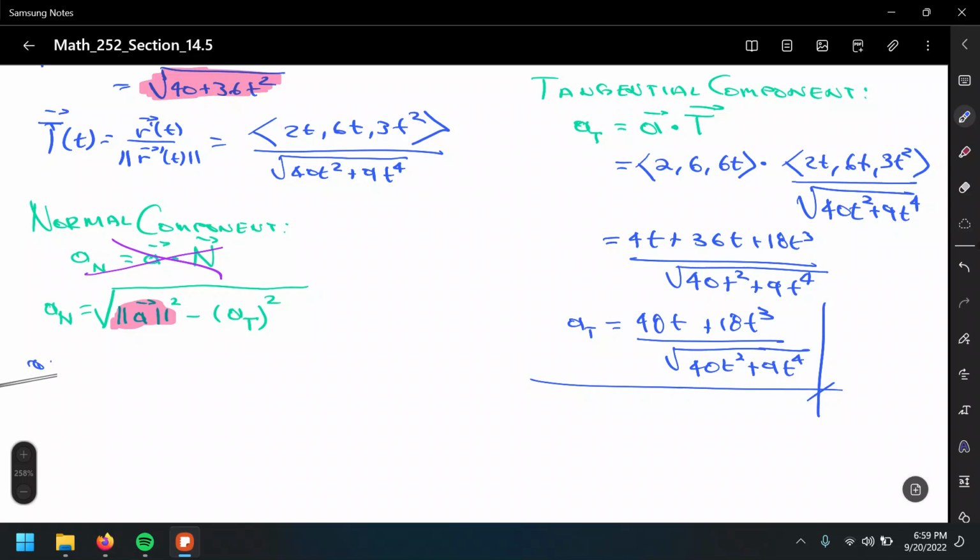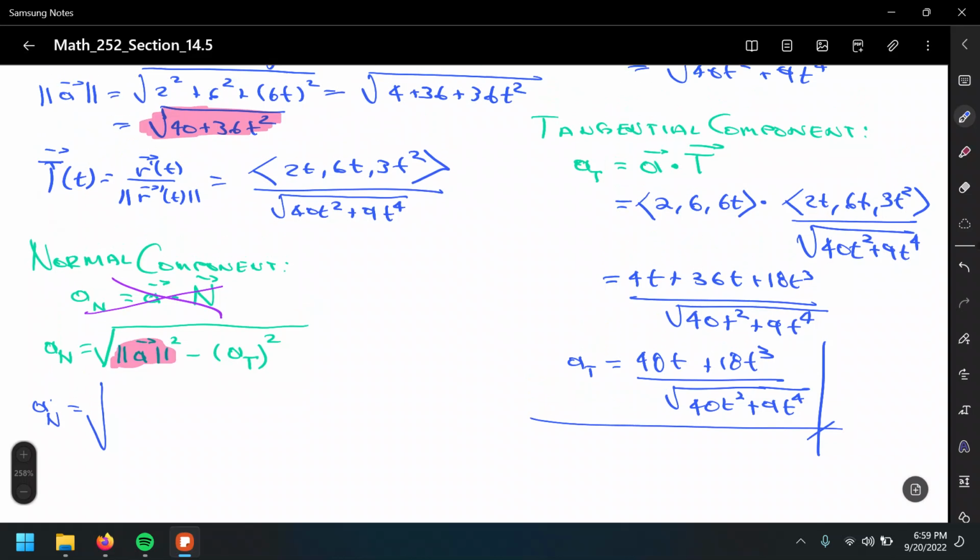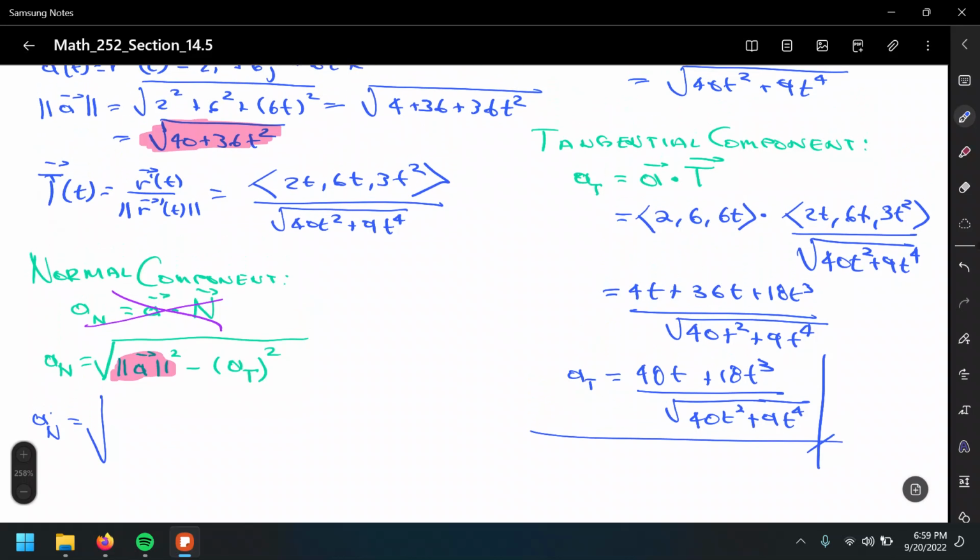So a sub n equals the square root of the square root of 40 plus 36 t squared, quantity squared. The good thing is that radical would get canceled with the square, all right?